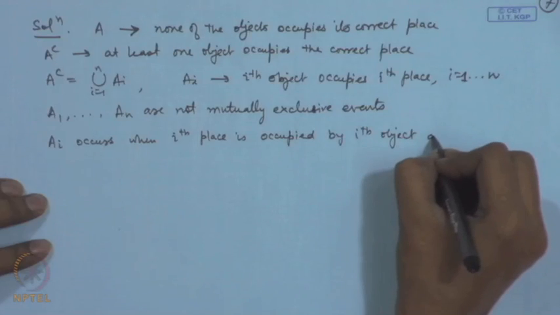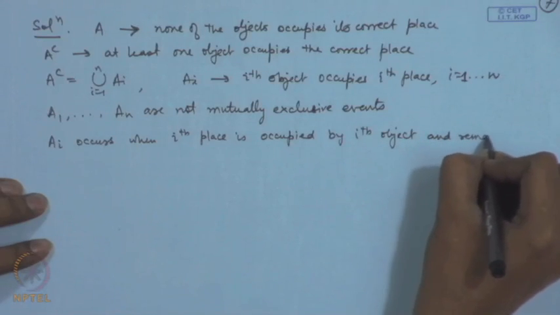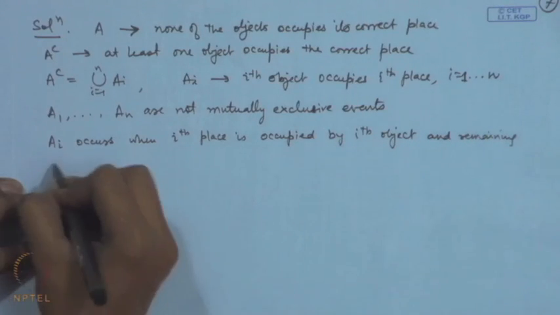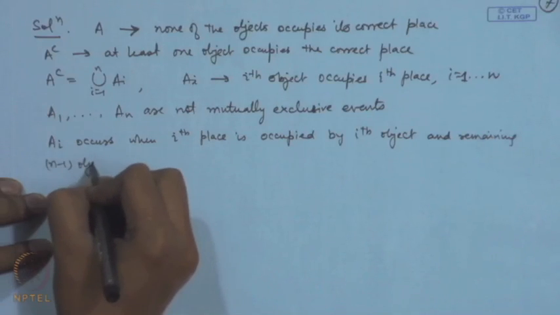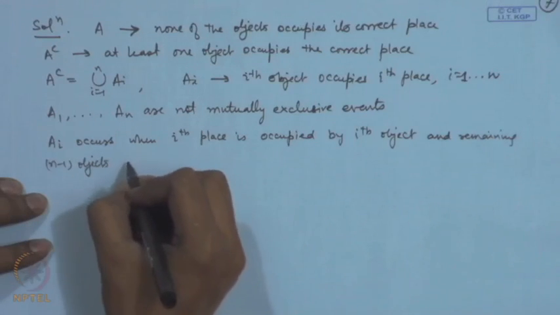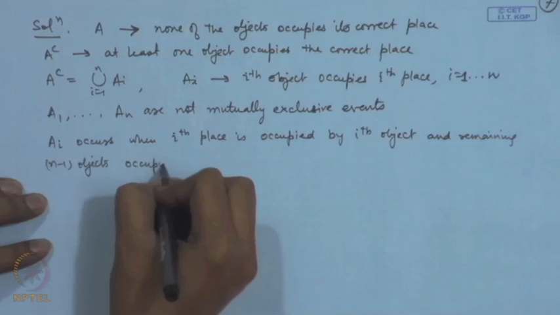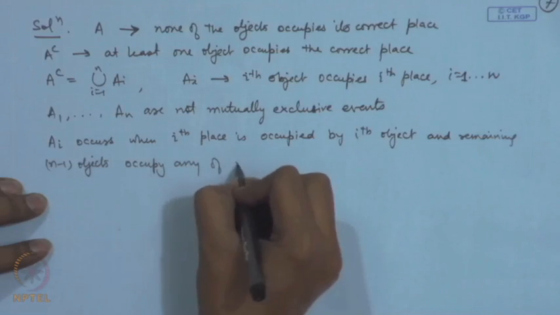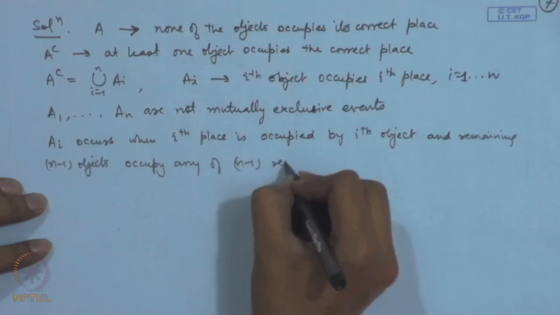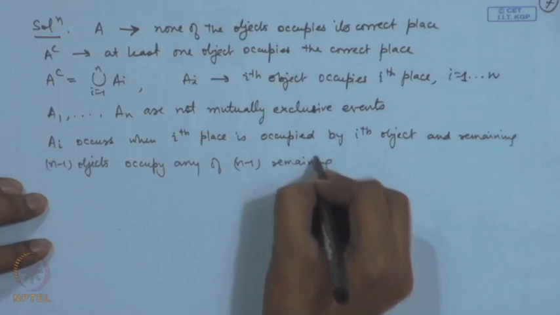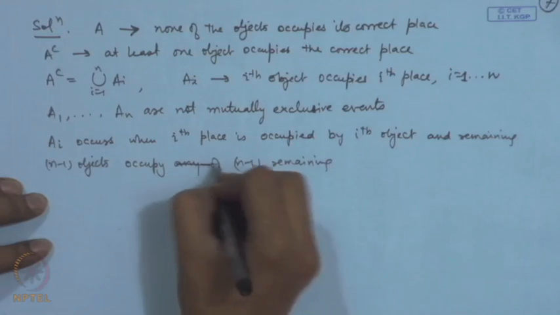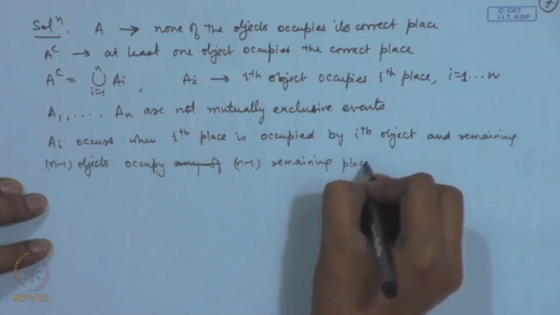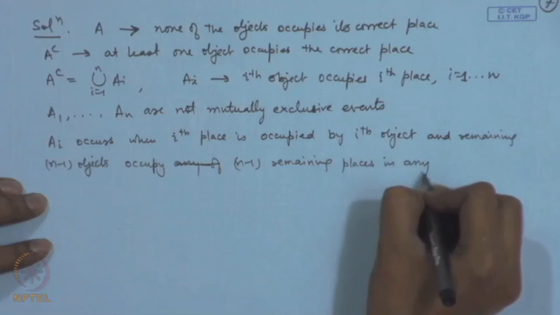So, what is the probability of Ai? It will become simply n minus 1 factorial divided by n factorial, because the remaining n minus 1 objects occupy the n minus 1 remaining places in any fashion.